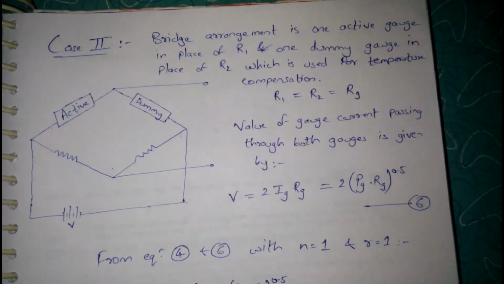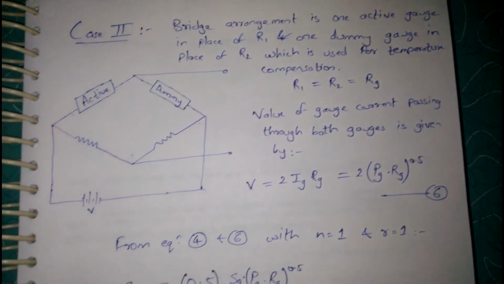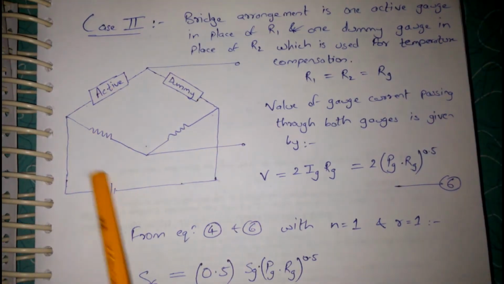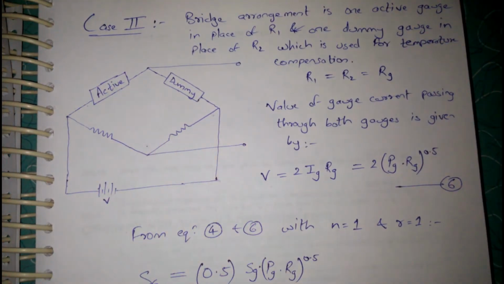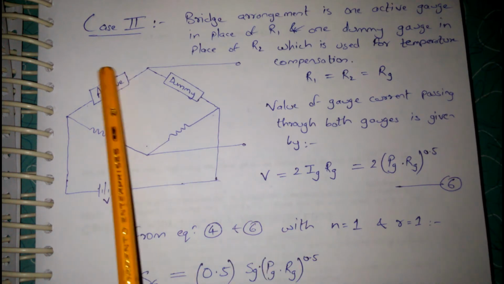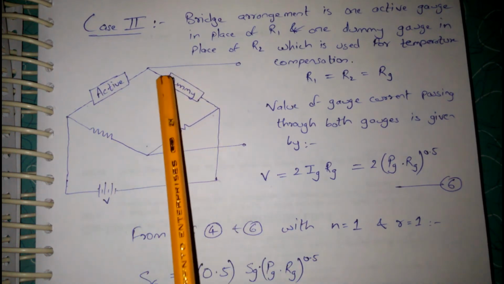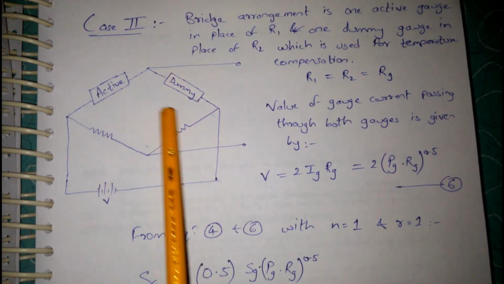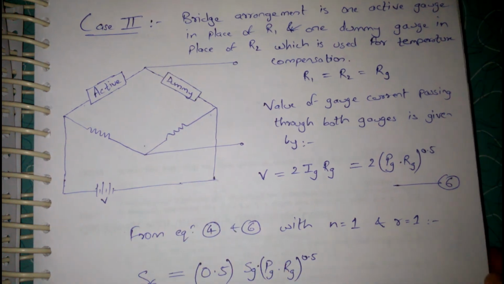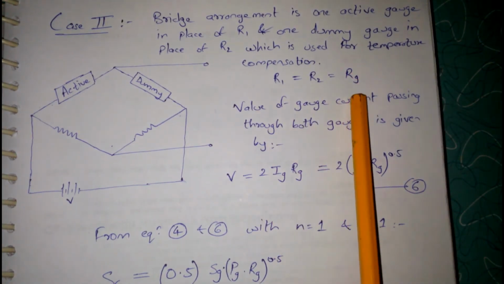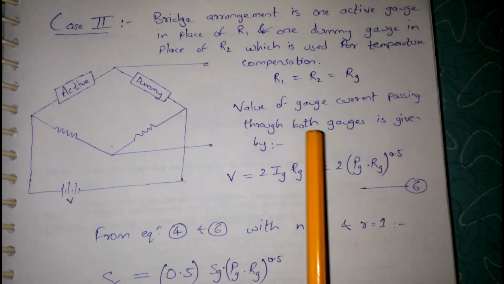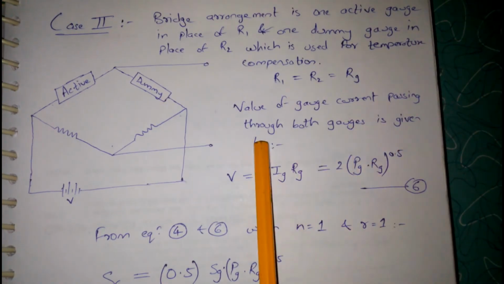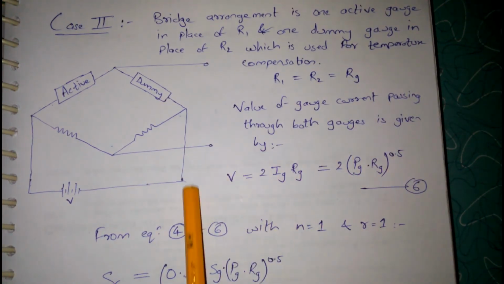Let's go to the second case. In the second case, the bridge arrangement is something like this. In place of R1 there is an active resistance, and in place of R2 there is a dummy resistance. The value of R1 and R2 is equal to RG, and the gauge current passing through both the gauges is given by this equation.